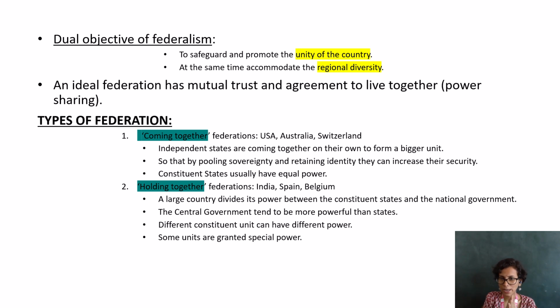So they thought that okay, we will keep our autonomy, we will do our work, our state government will have full power, but together we will be in a country like the United States of America.